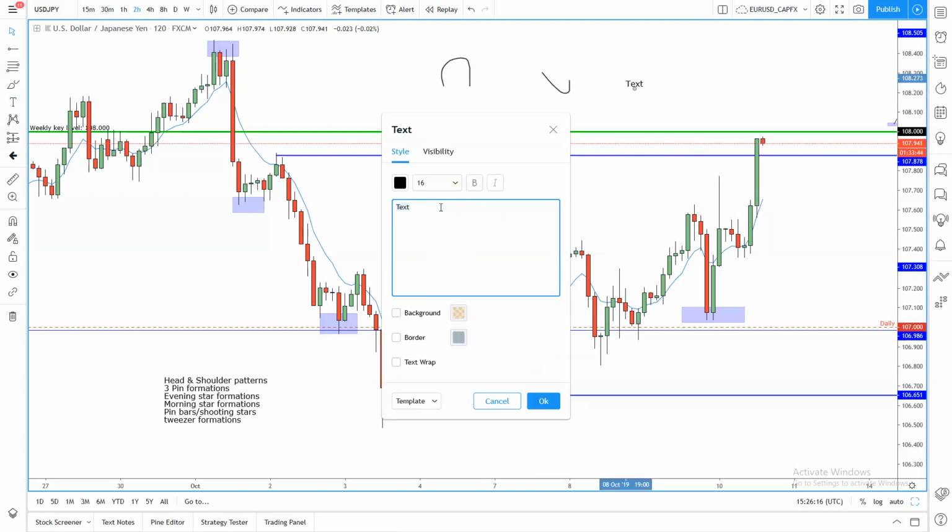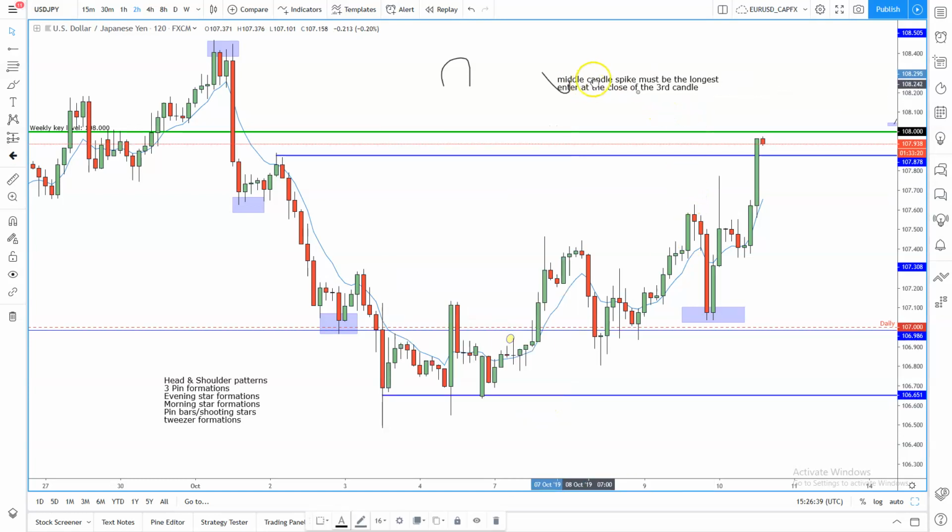The middle candle spike must be the longest, and secondly, we enter at the close of the 3rd candle. So those are the rules of a 3-pin formation.